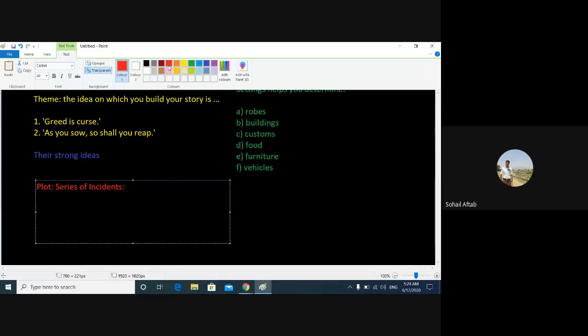Now, if you want to understand plot, you can go back to the story. First of all, you see that in the story you have one character, and that character is Noma.